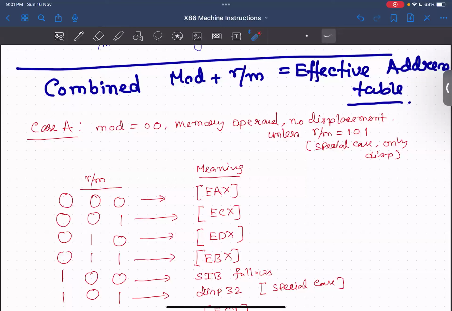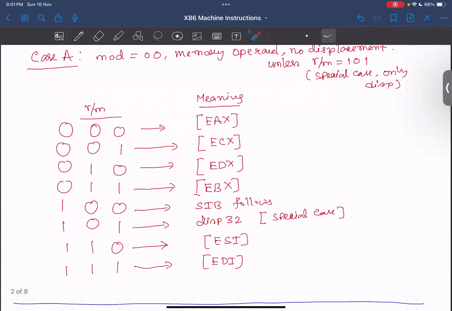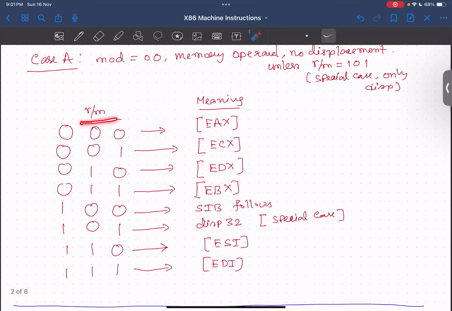So I have divided it into 4 cases. First is case A, where the mod is 00. To remember, 00 was memory operand information, and there is no displacement, right? And if I look at the different values of RM bits while mod is 00, it is a memory operand, right?